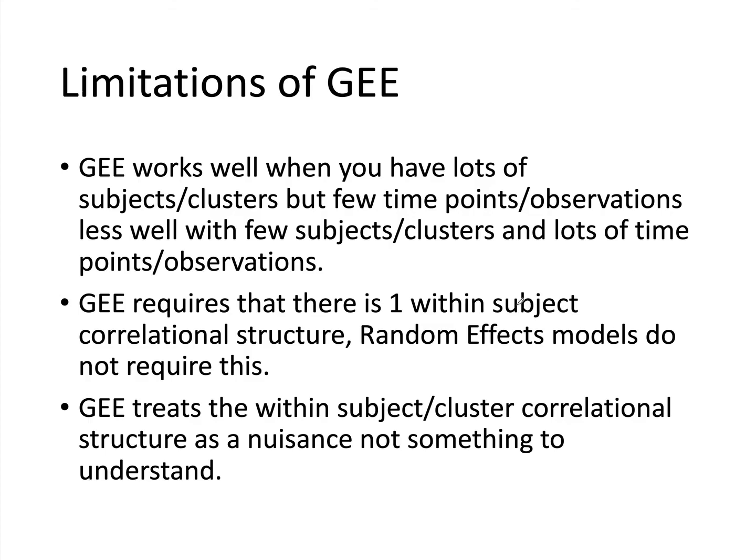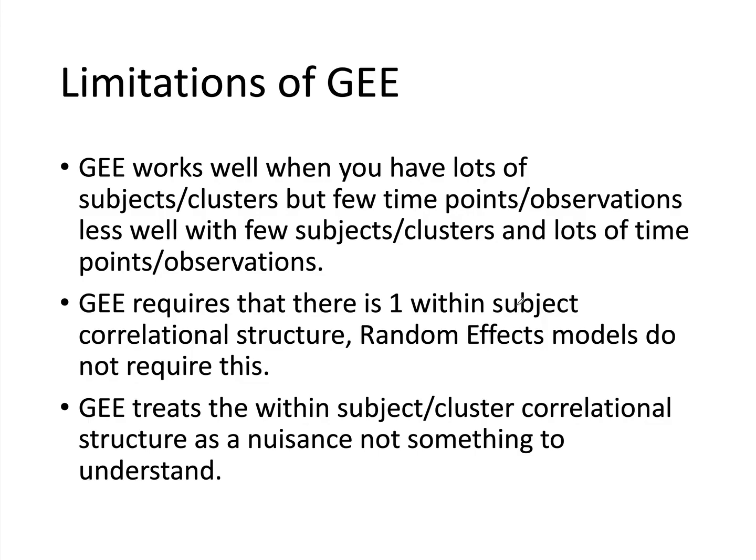So there's a whole bunch of things that random effects models allow us to do that generalized estimating equations don't. But if you just want to know, did my treatment work? And you want to know, over all the people, on average, does treatment A improve outcomes relative to treatment B, then generalized estimating equations are a pretty good method to do that.